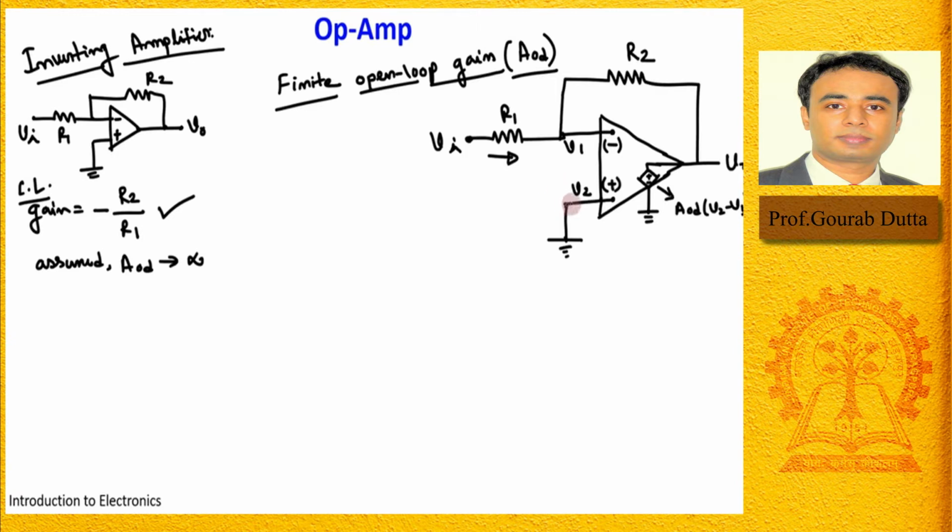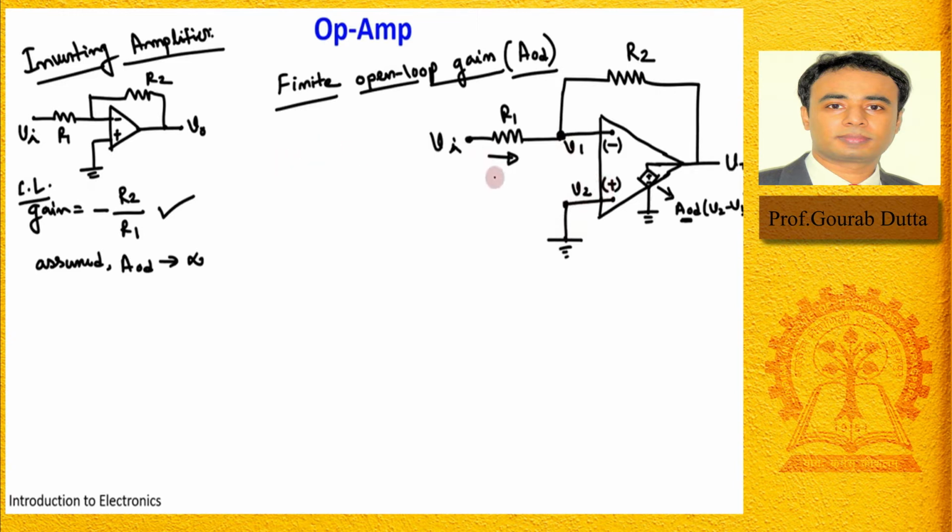Earlier we assumed that the gain is infinite, so we could apply the virtual ground concept, meaning V1 and V2 are at the same potential. But now the open loop gain of this op amp is finite, so we cannot apply the virtual ground concept. Remember that. So for the time being, this potential is V1 and this potential is V2, which is obviously ground.